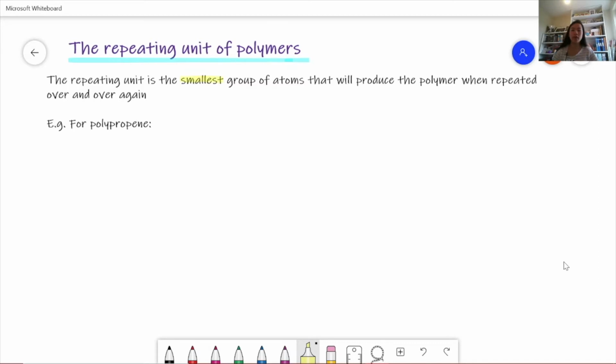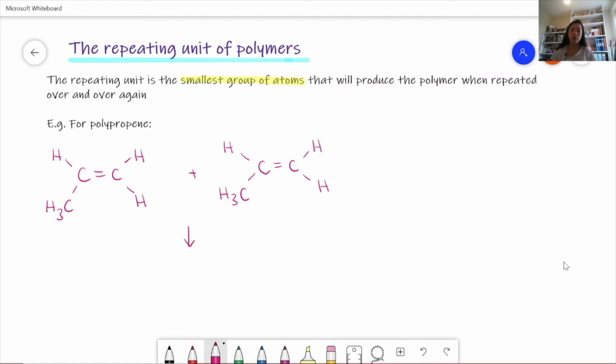So for example, if we looked at polypropene, so we have two propene molecules. And then we can form the polypropene.